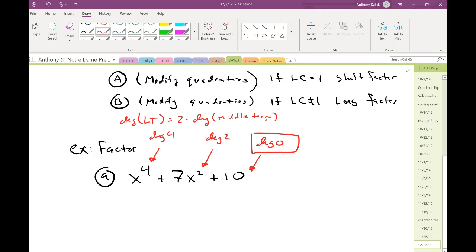Because the leading term is degree 4, and the middle term is degree 2. 4 is 2 times 2. So that's what I'm looking for in order to use this kind of technique. Is everybody okay with what I am going to be looking for pattern-wise? How I'll know if something's in this quadratic pattern where I can just use the same kind of quadratic tricks that I've used before? Okay.